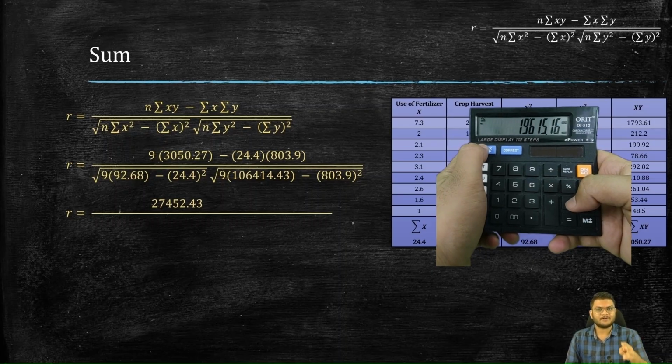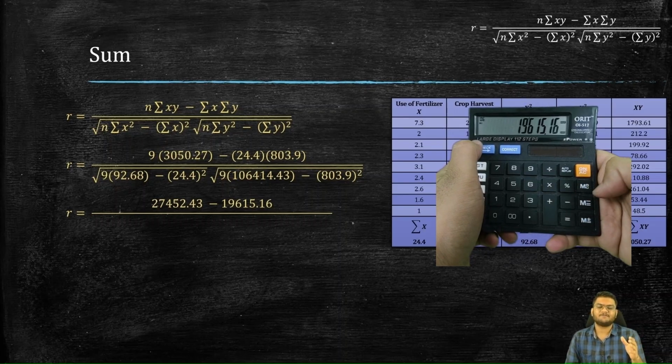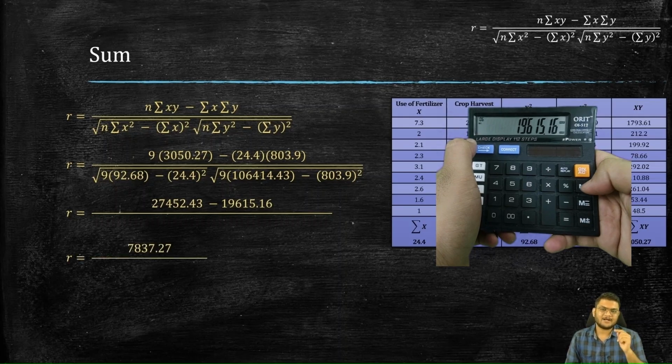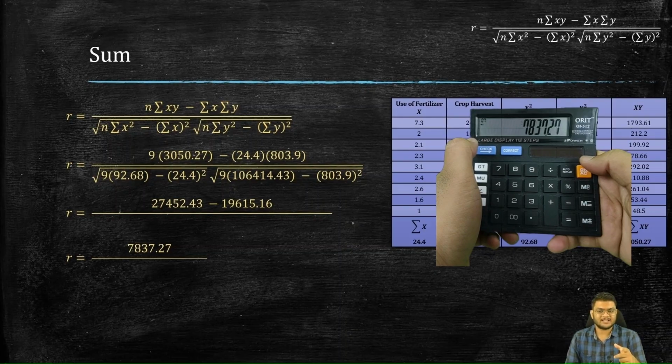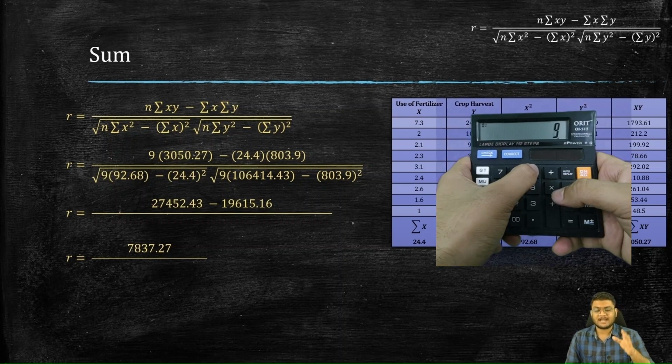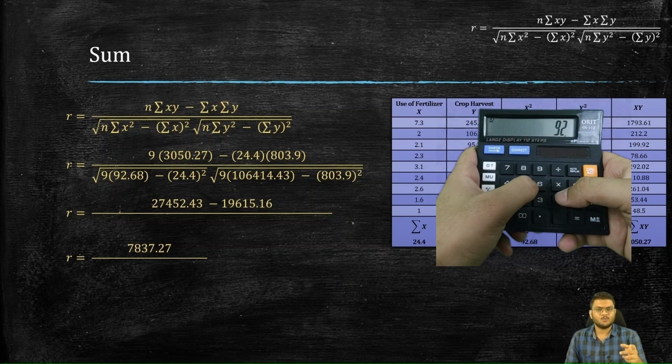Now again press the check button 3 times, you will get another multiplication, that is 19,615.16. Now, to deduct this, press the MRC button. You will get the answer, that is 7837.27.